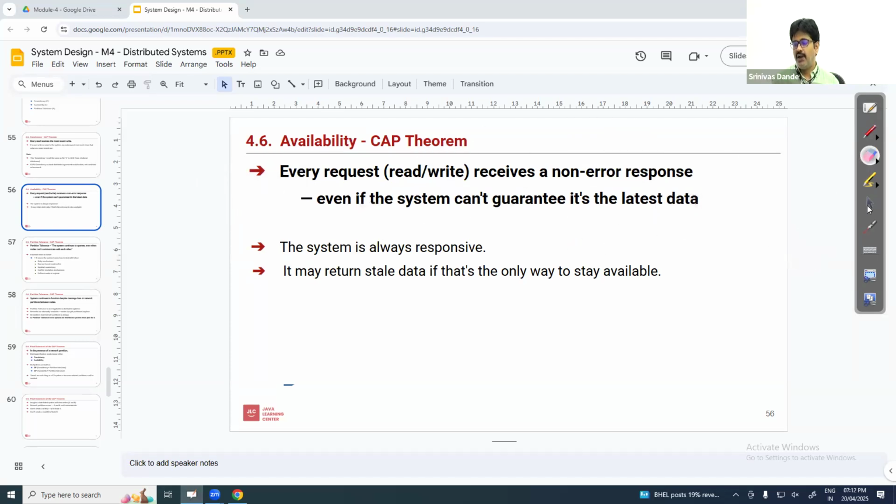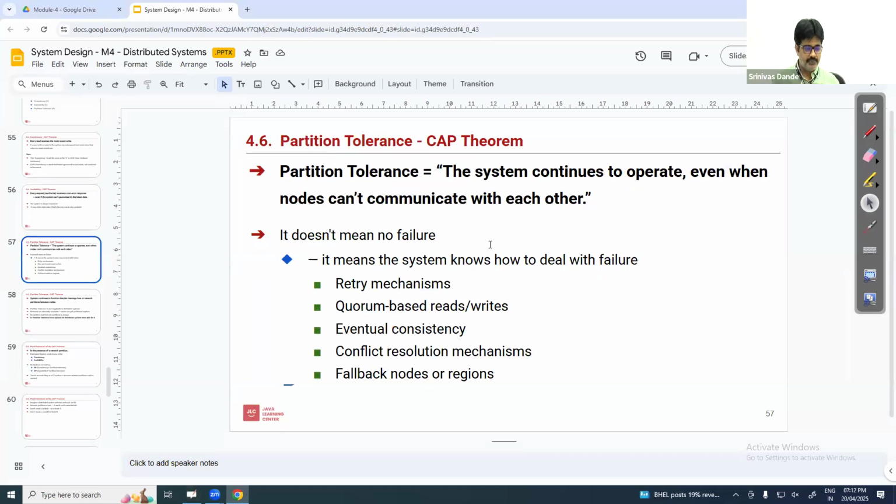Consistency, availability. Next, partition tolerance. What is this? The system continues to operate even when nodes cannot communicate with each other.